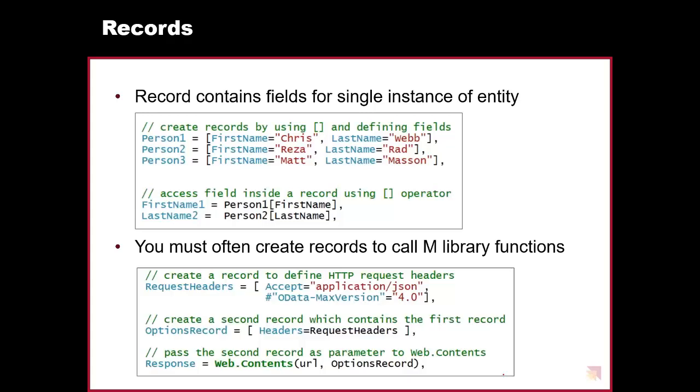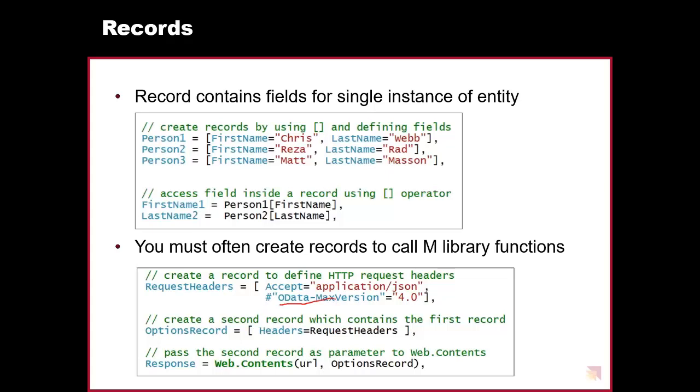Okay, now, the thing about records is that quite often you're going to call functions that are part of the M function library, and as one of the parameters, they'll make you pass a record. So for instance, if I look at request headers, and if I want to do something like call web contents, and that's going to have an HTTP request go across the network, and I want to set what the headers are, web contents allows me to basically pass those, but I have to put together a record of what those values are.